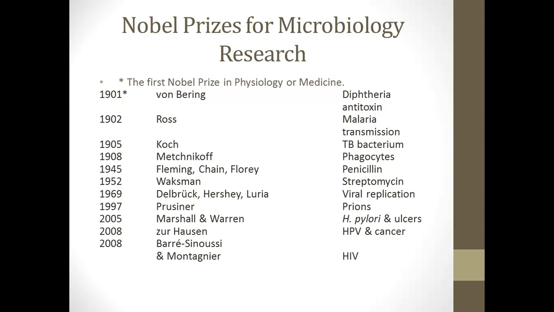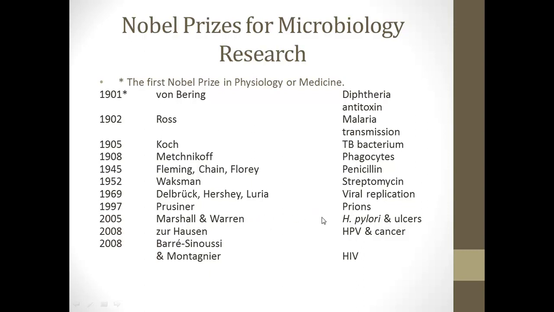And here are some Nobel Prizes for microbiology research. And you'll see here that we have the TB bacterium, which was discovered by Robert Koch in 1905. Alexander Fleming, remember he discovered penicillin and he got a Nobel Prize along with Chain and Florey. Waksman discovered streptomycin. Prusiner helped to discover prions.